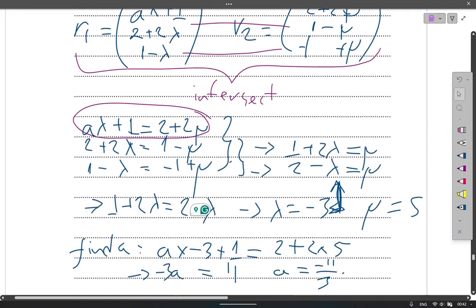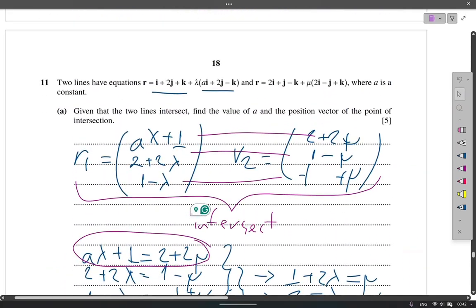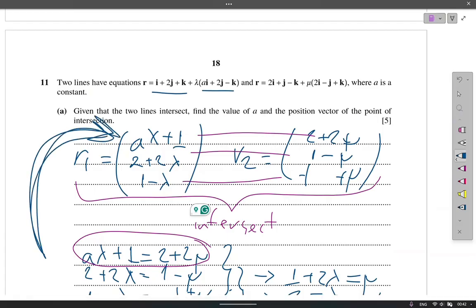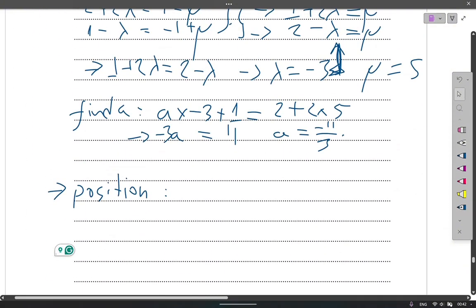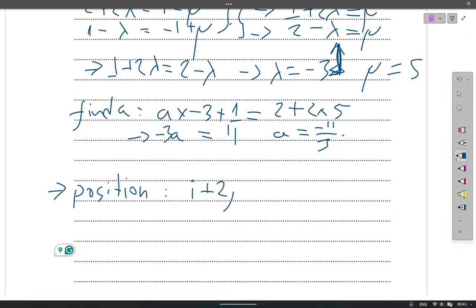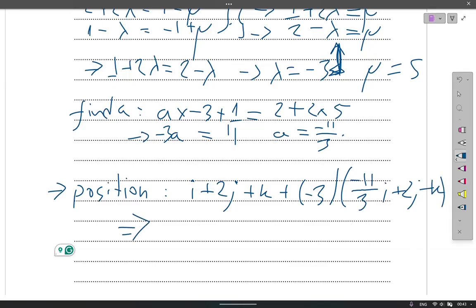Since we know the a value, we can just use this expression to find the intersection, which means i plus 2j plus k, and which means it's just this. Good.